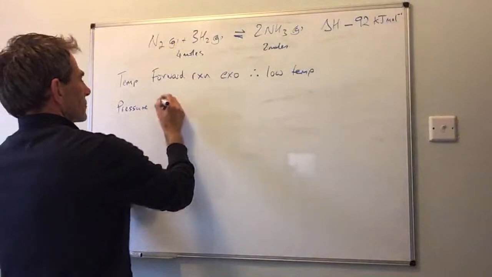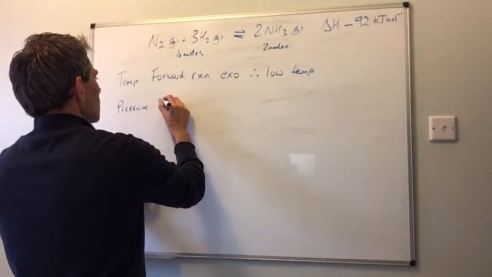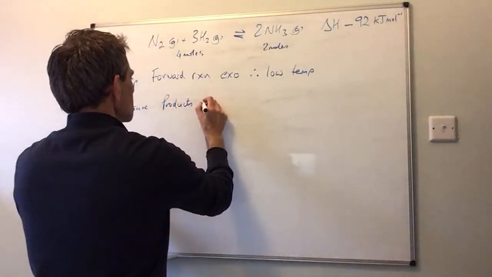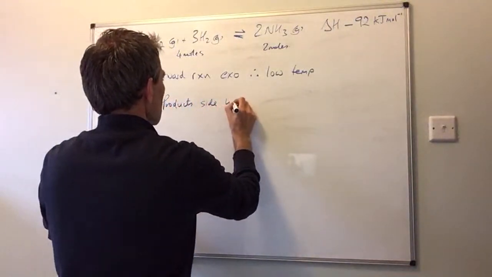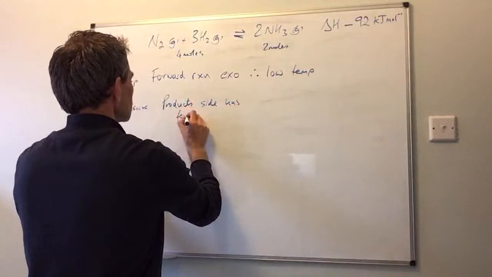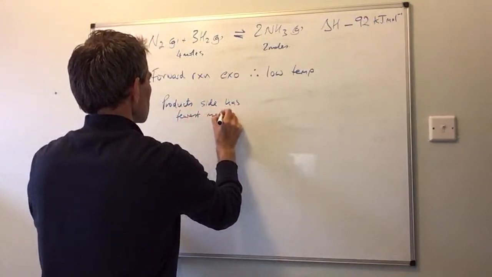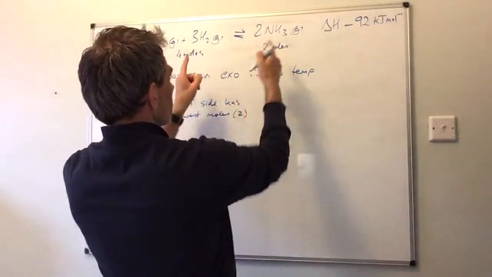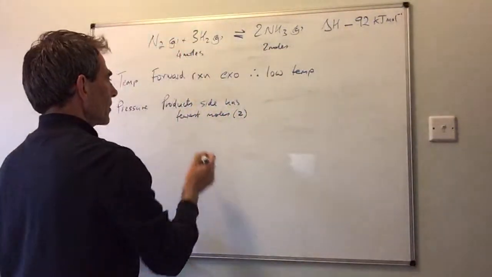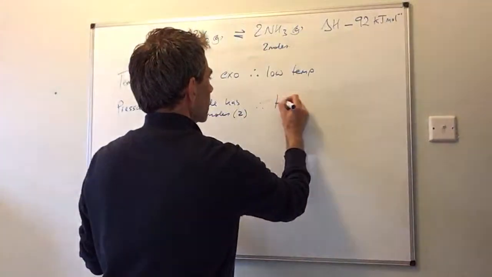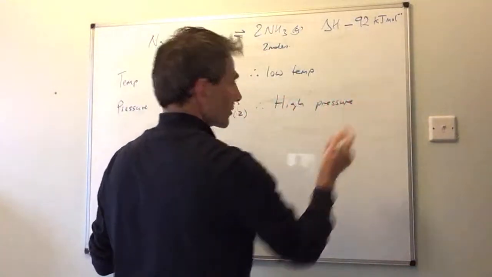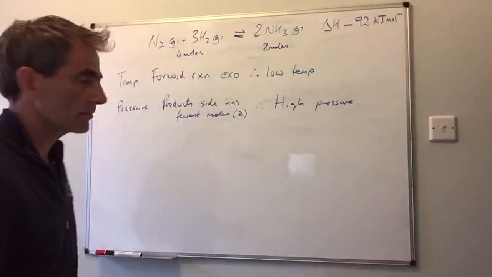So you could say that the products side has fewest moles. You could quantify it if you wanted to. You've already quantified it if you put it up there, so I wouldn't worry about that. Therefore, high pressure. That's literally all you would need to say.